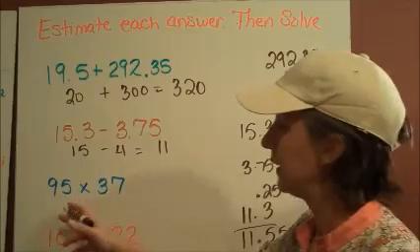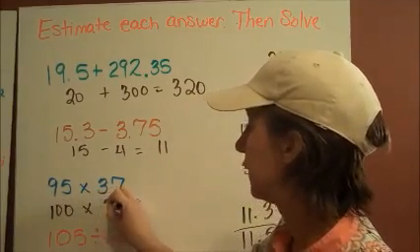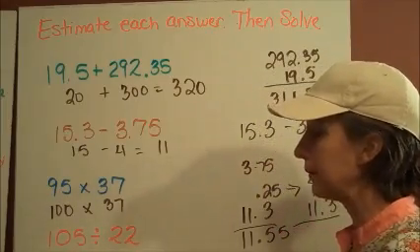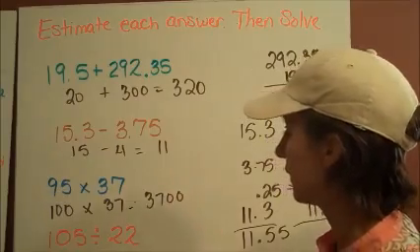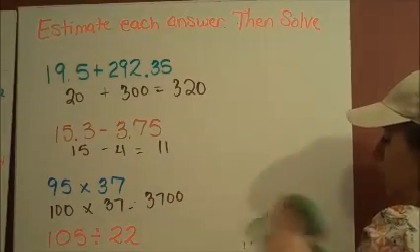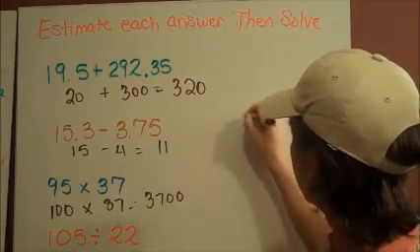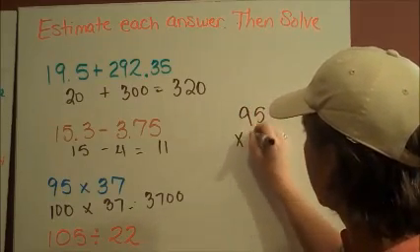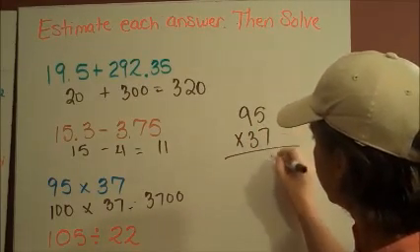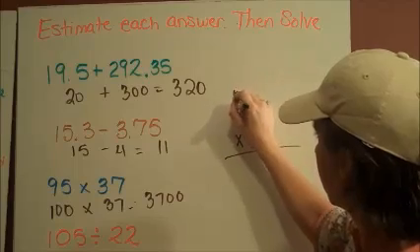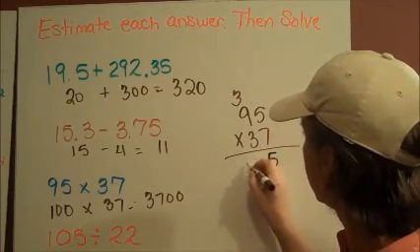All right, 95 times 37. 100 times 37. Those are compatible in my head, so I can know that this answer should be 3,700. Clear this, and again, we're going to follow these directions to solve. 95 times 37. In order to multiply, 5 times 7 is 35. 7 times 90 is 630.